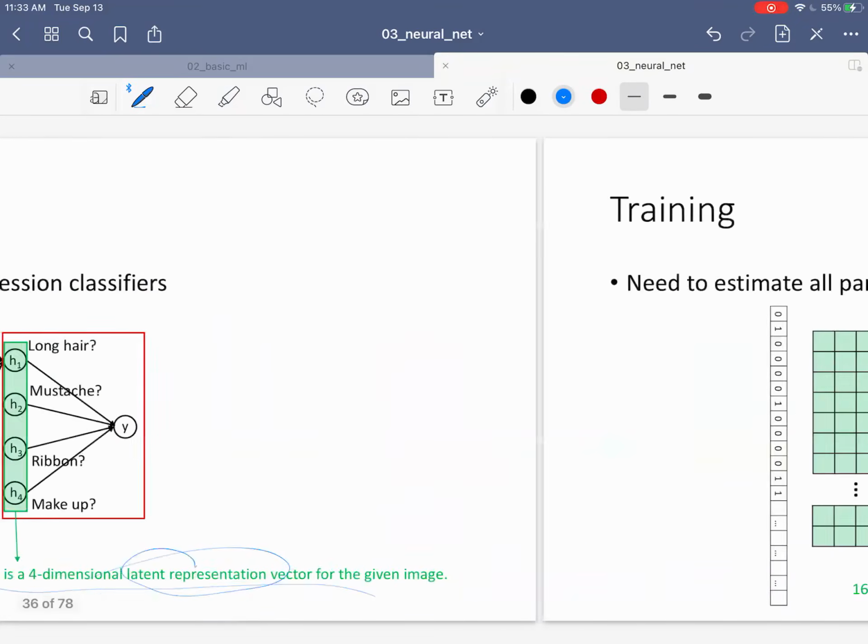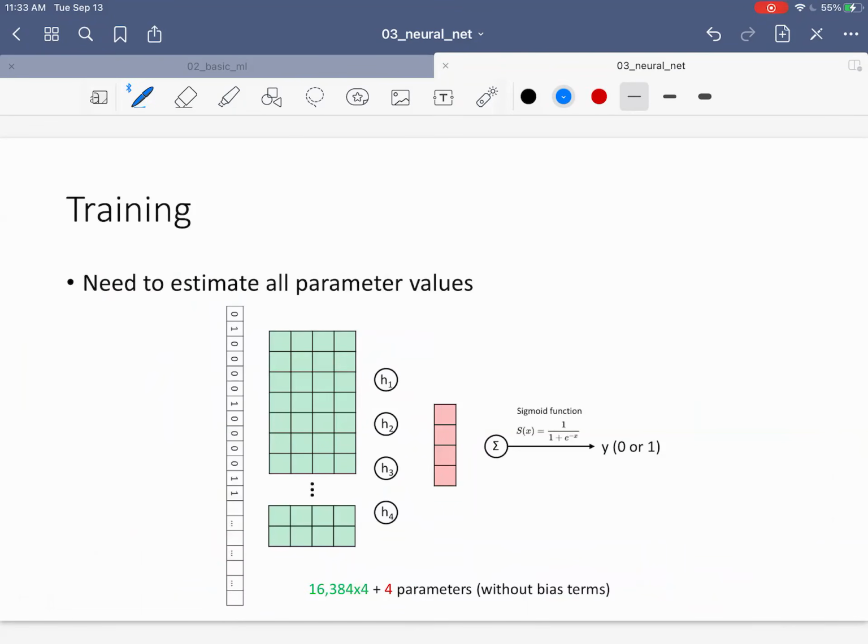Right. So as I said, there are so many connections between the input and the hidden layer. To be more specific, it's 4 times 16K, because each hidden neuron is responsible for each row. The first row goes to the first neuron, the third row is responsible for the third neuron, and so on.